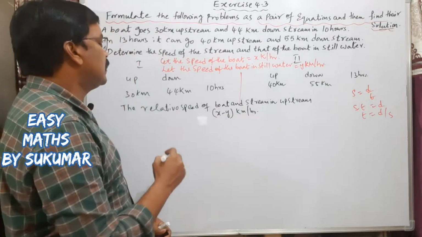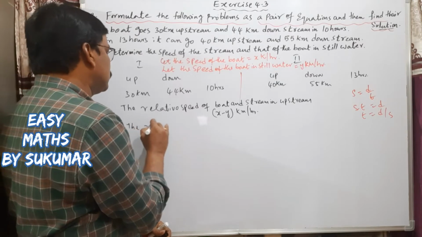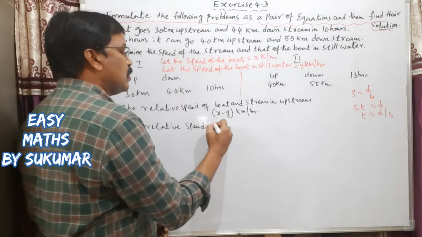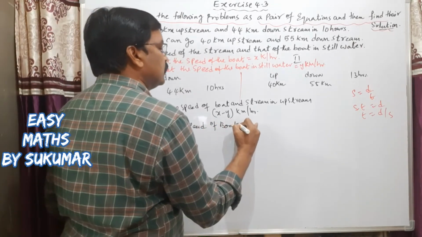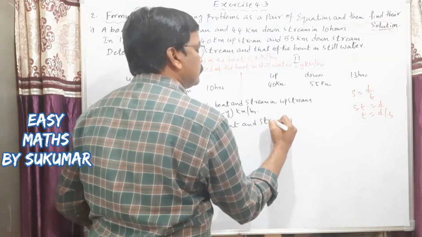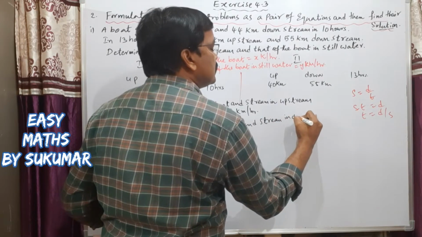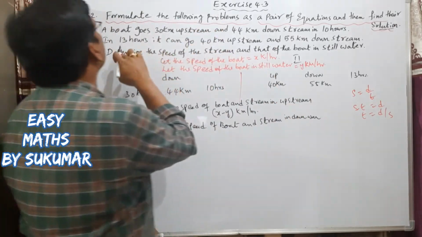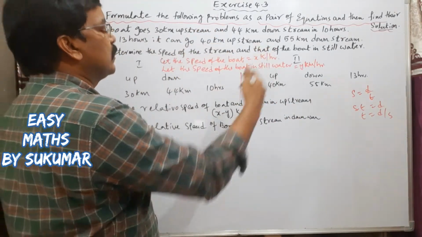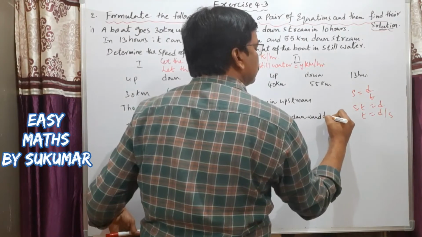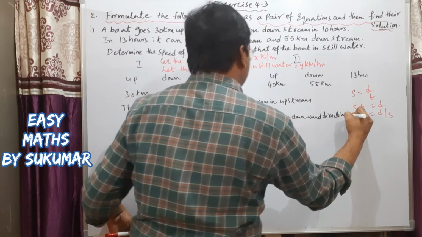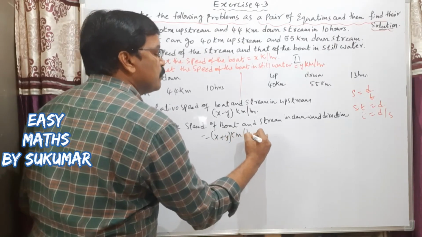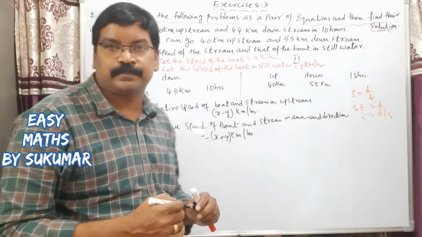Similarly, the relative speed of boat and stream in the downward direction is, as I told you, x plus y, that means speed of the boat plus speed of the stream.